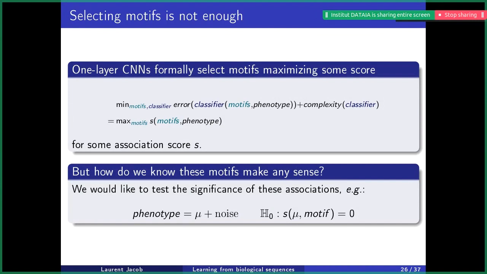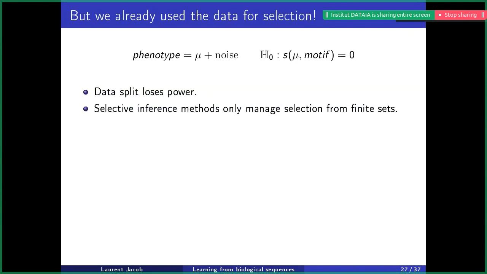Say, okay, I have selected motifs. I want to test the association. For example, say my phenotype is some true parameter plus some noise. Is this theoretical true parameter associated or not with the motif that I want to test? And you can feel that there's an issue here, because we've already used the data for the selection.